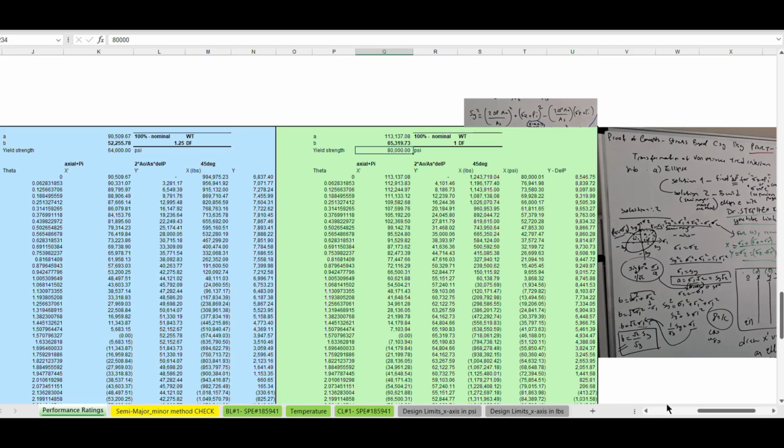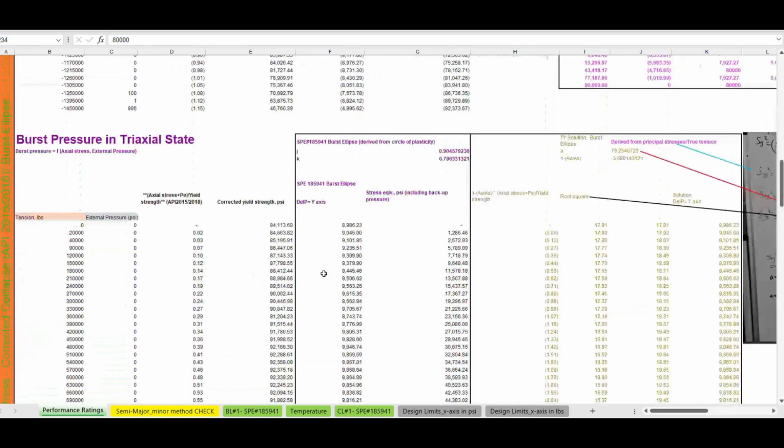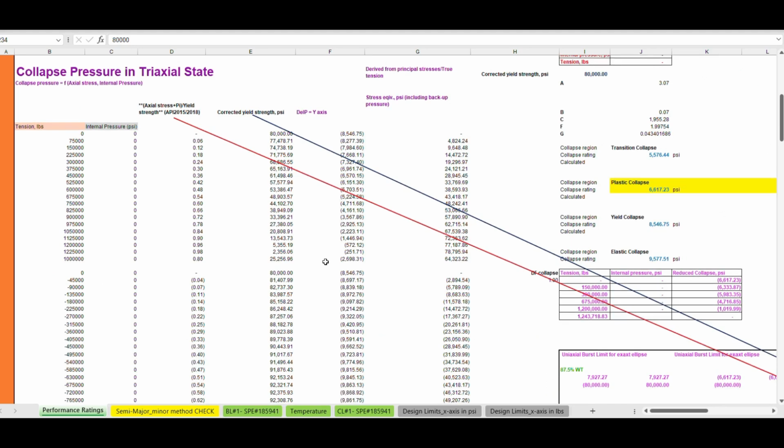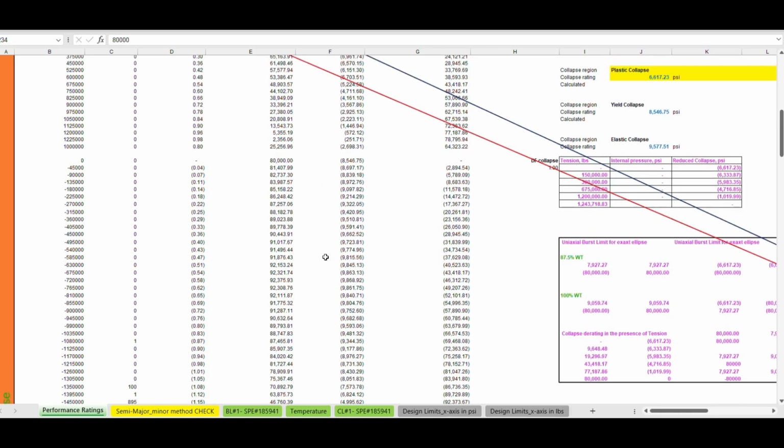One method is the derivation of the delta p, finding the delta p in terms of principal stresses, or deriving the principal stresses to come up with the delta p value in terms of tension and the backup pressure, which is internal pressure for collapse and the external pressure for burst. So this was the one method.